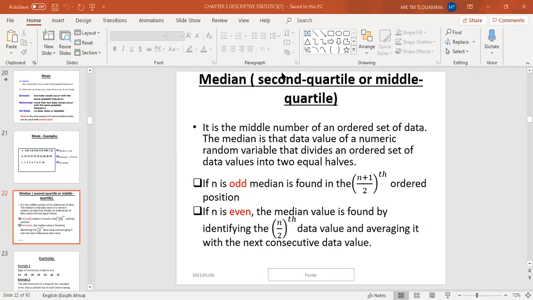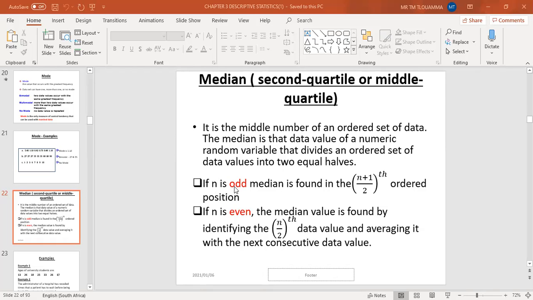So there are some conditions, if you can check here. The first condition is: if n, we all know what n is, right? This is the number of observations.